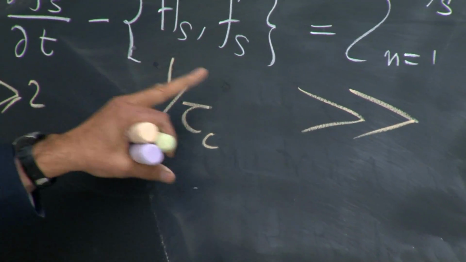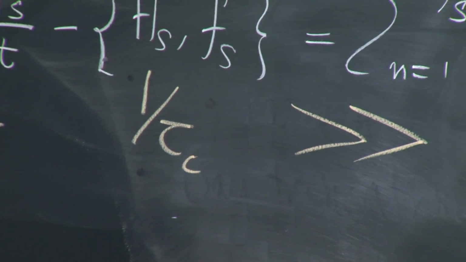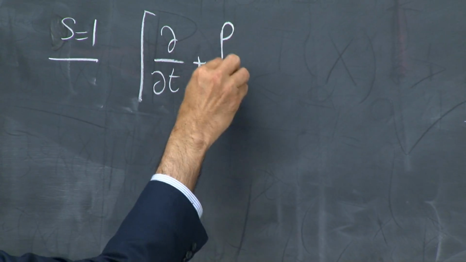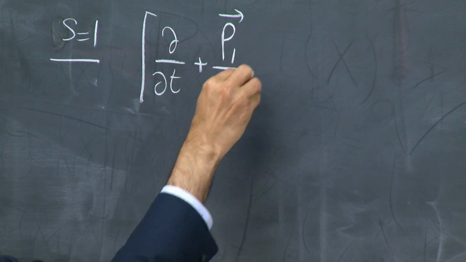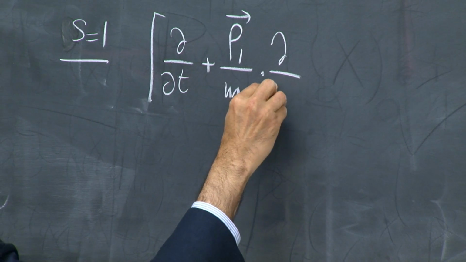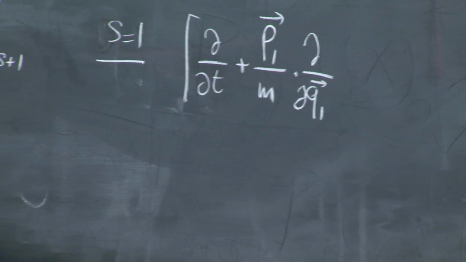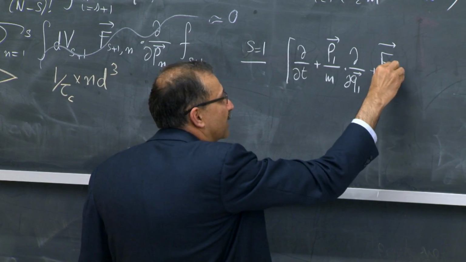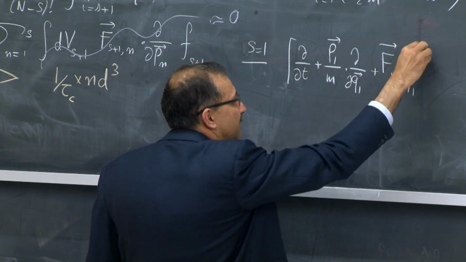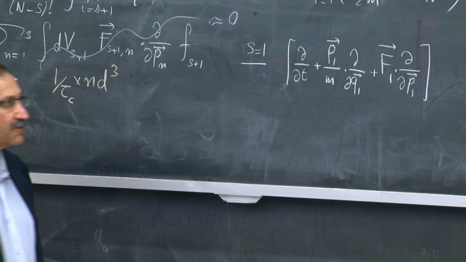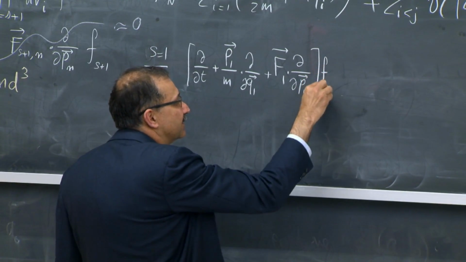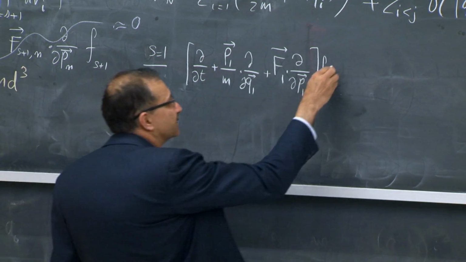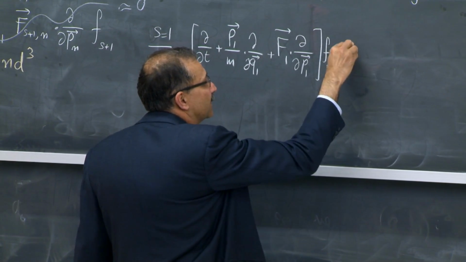If I were to write the precise form of this Poisson bracket, I had the partial derivative with respect to time, the momentum divided by mass, which is the velocity driving the change in coordinate, and the force that comes from the external potential, let's call it F1, driving the change in momentum of the one particle density, which is a function, let's write it explicitly, of P1, Q1, and T.